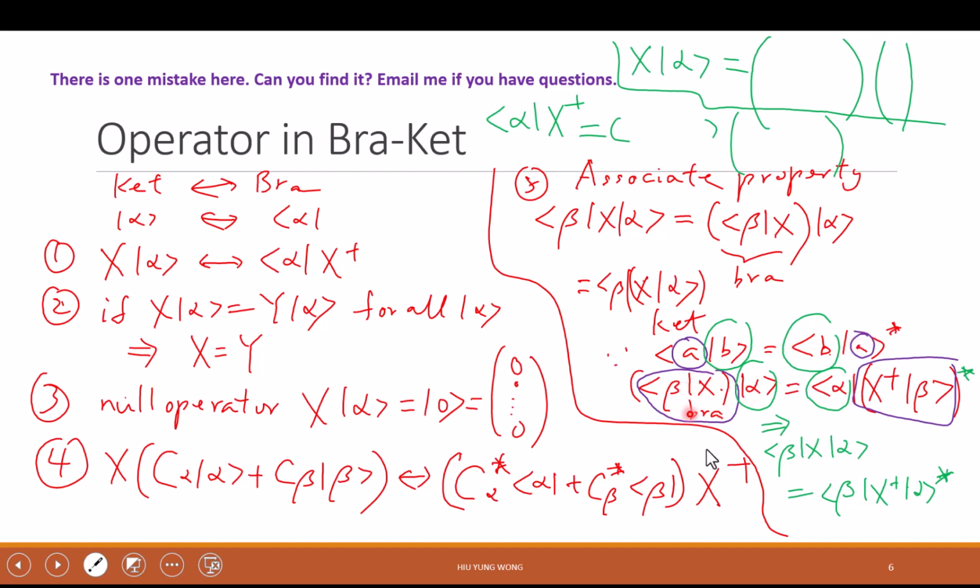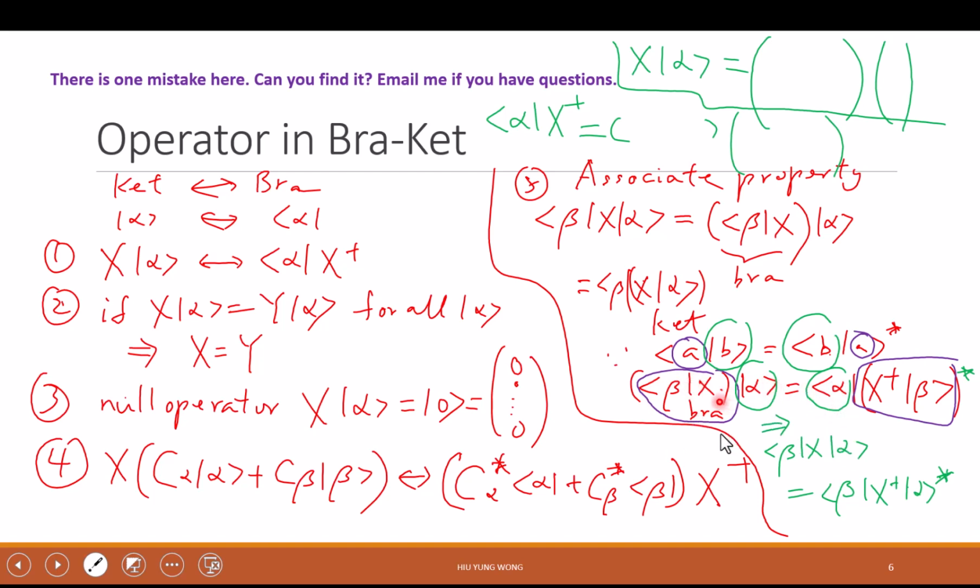Now, how about this one? I have beta x alpha. I can treat this whole thing as a bra times ket, the inner product of the whole vector, beta x, with alpha. So I can use this equation. I can make alpha a bra this time, and find the ket version of beta x.